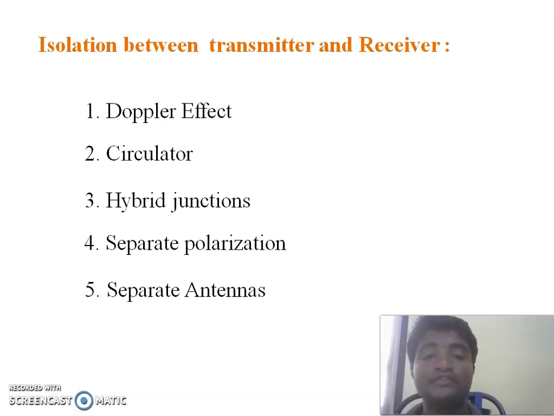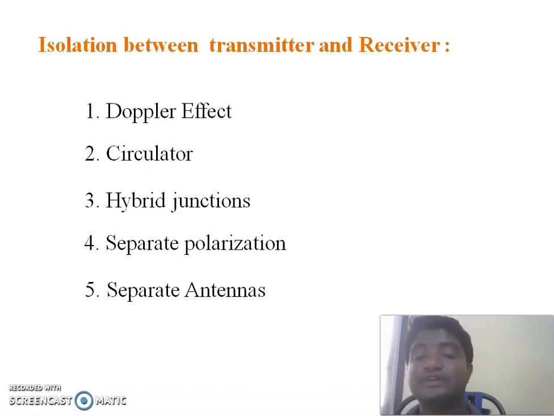The amount of transmitter leakage power that can be tolerated will depend upon the capability of the receiver circuitry to withstand the power. And the second one is the transmitter noise entering the receiver from the transmitter.